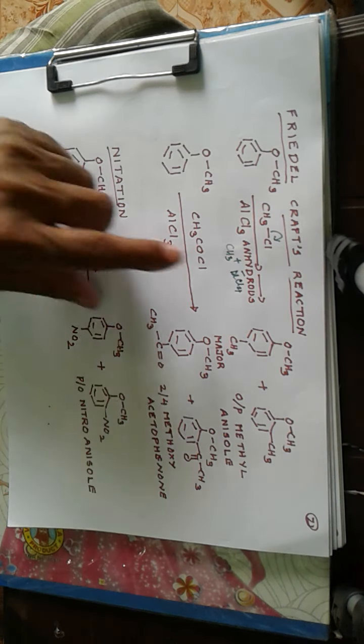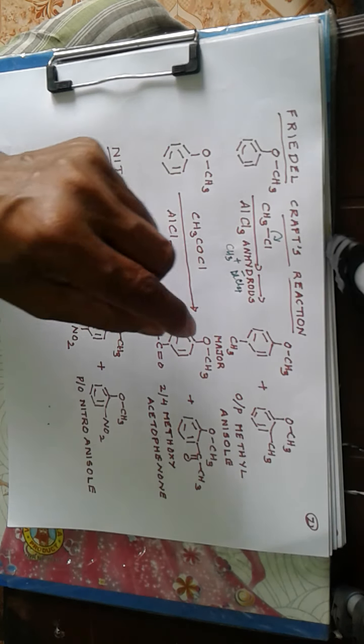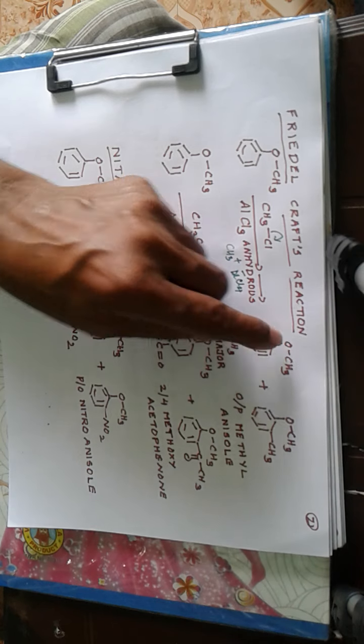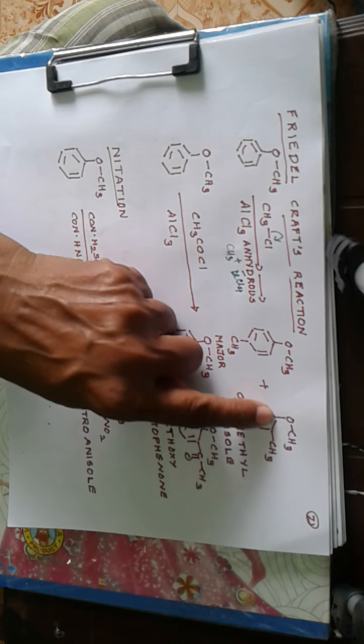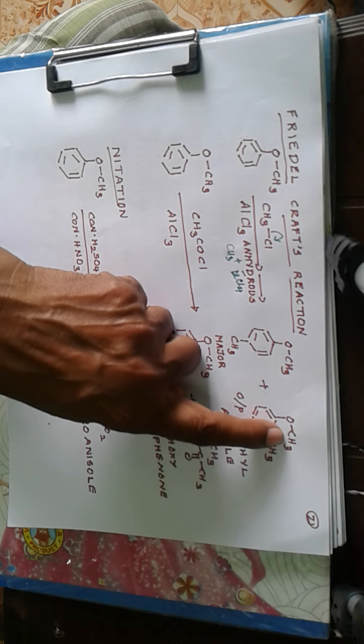It's a Lewis acid, so that Cl negative can coordinate with the vacant orbital of aluminum, and this ion pair containing methyl cation will act as the electrophile, and we get the major product as the para product, paramethylanisole, and orthomethylanisole, ortho being less in amount due to steric repulsion between the methyl groups.